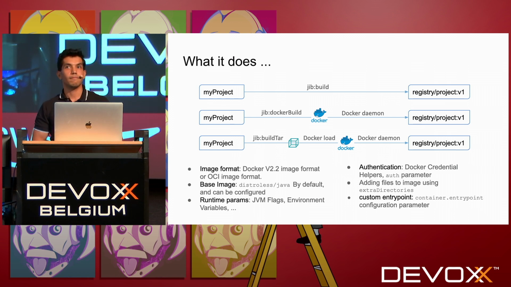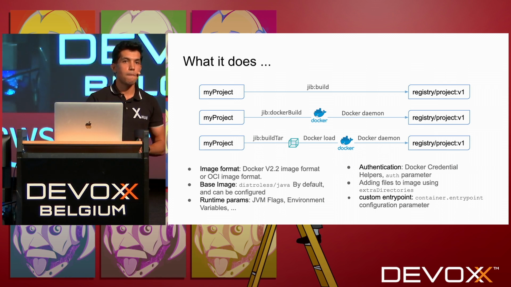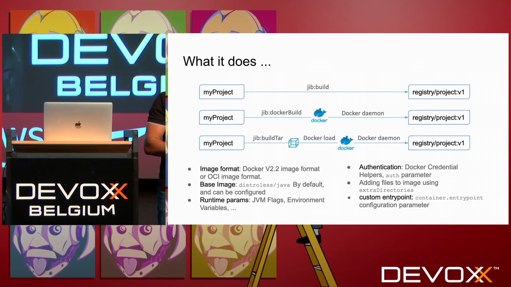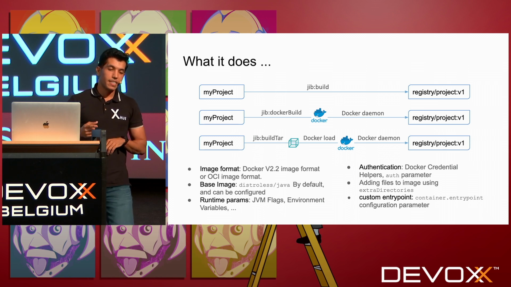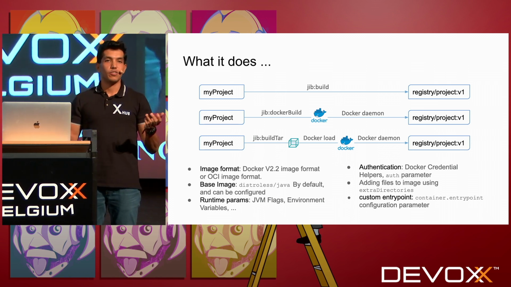Another question? Yes? How does Jib work when you have, let's say, a multi-module project, with common dependencies which change at the same time as your application? Basically, it works the same way you generate your jar file.